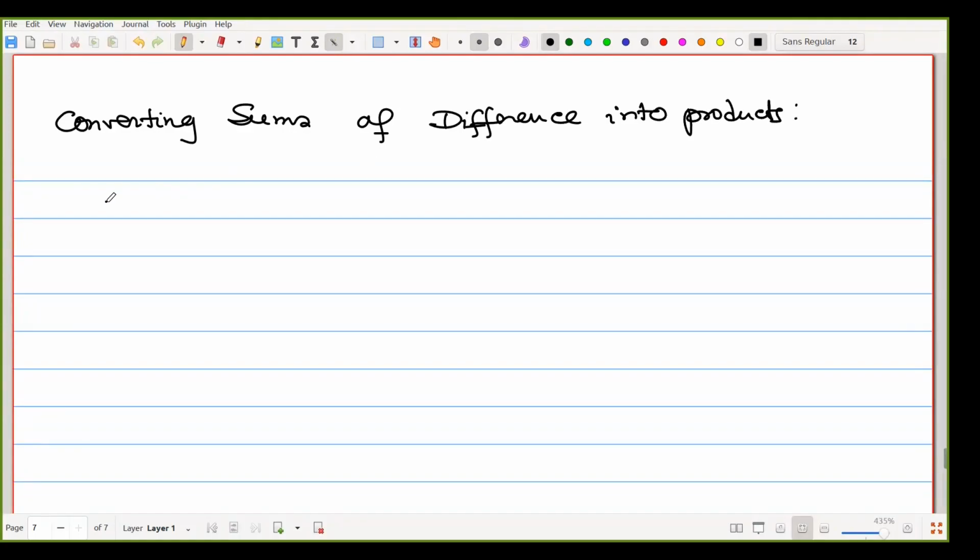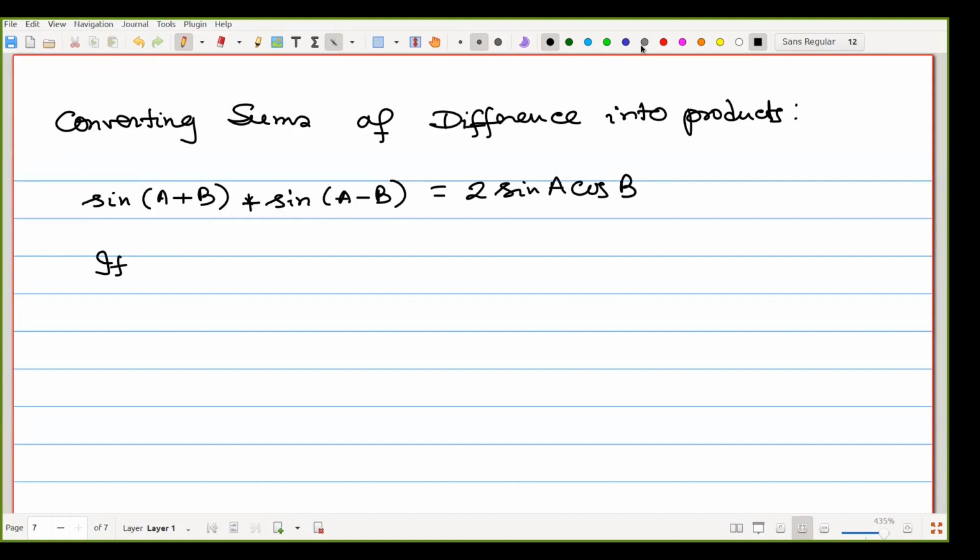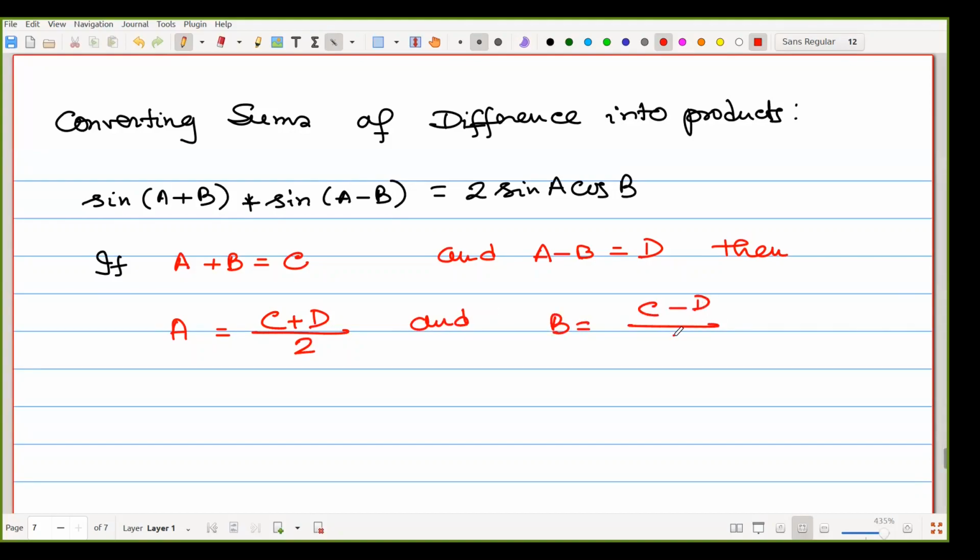That means, suppose we have written sine A plus B plus sine A minus B as 2 of sine A cos B. If we are writing in that way, that means A plus B is equal to C and A minus B is equal to D. Then we have A is equal to C plus D by 2 and B is equal to C minus D by 2.